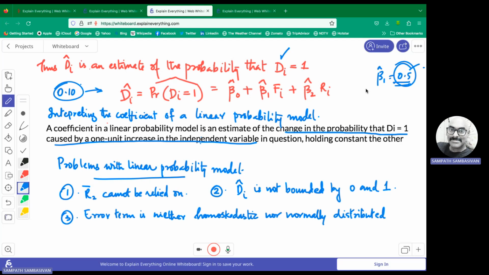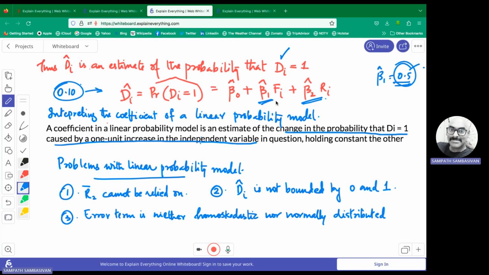In linear probability models, what the coefficient values, that is beta 1 hat or beta 2 hat, would indicate is the change in the probability that DI is equal to 1, which is caused by a unit increase in the independent variable in question.